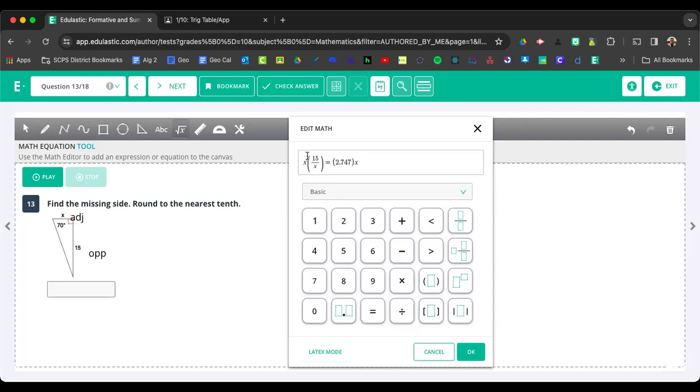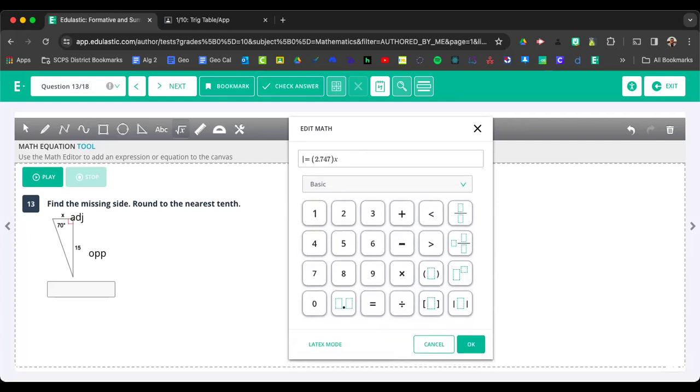On the left side, we're going to simplify this now. We have 15 divided by x times x. To simplify that, the x's cancel out. All we have left is 15. On the right side, we have 2.747 times x.